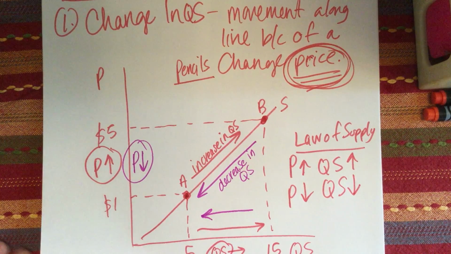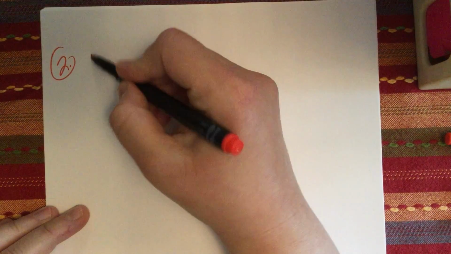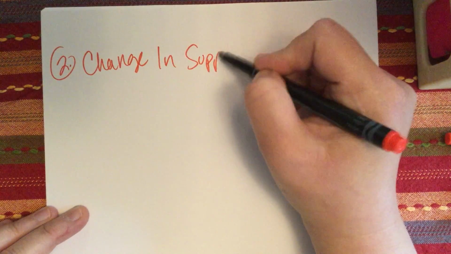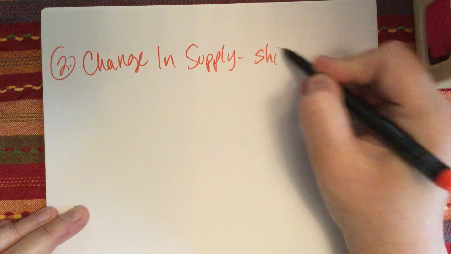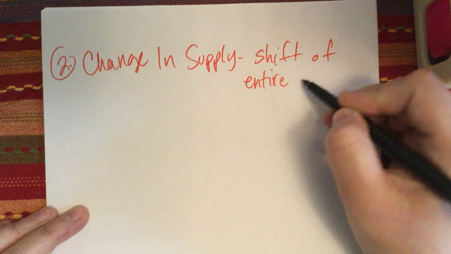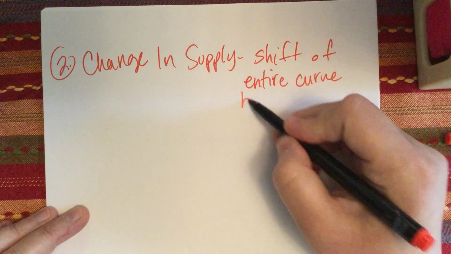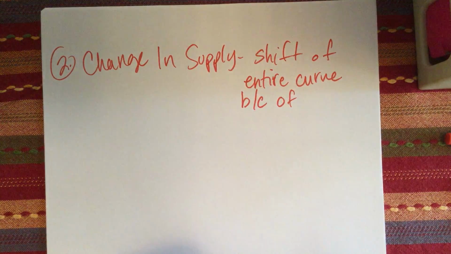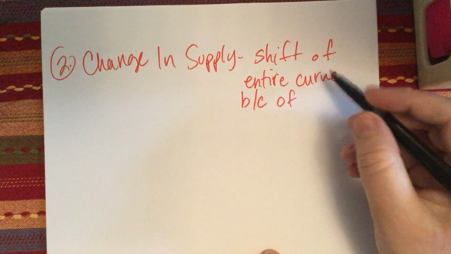Okay, the second way then that there is a change in supply is when you have a shift of the entire line. So the second way is a change in supply. And this is a shift of the entire curve because of some non-price determinants.